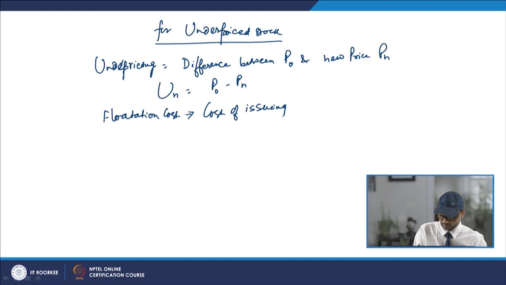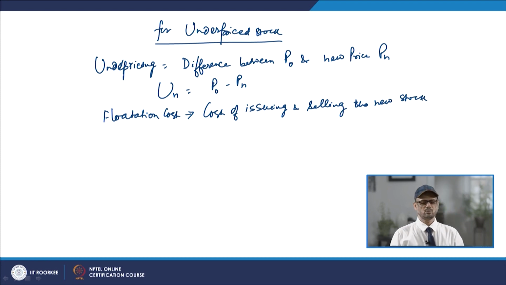Because there will be cost associated with the issue and also the selling of the new stock, that is known as the flotation cost. Both these items are to be subtracted to find the stock price.